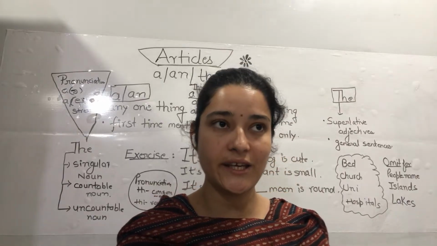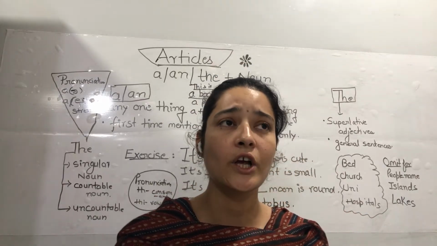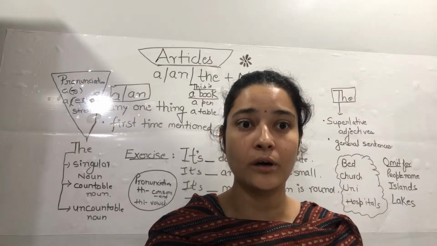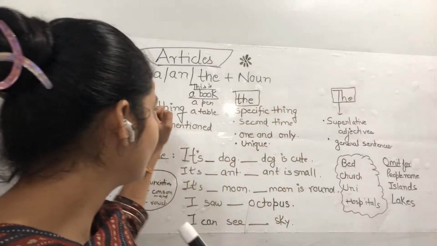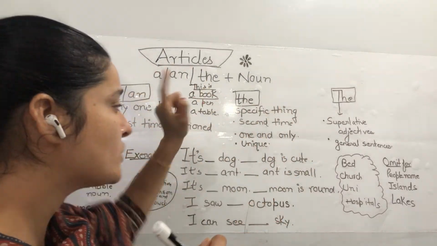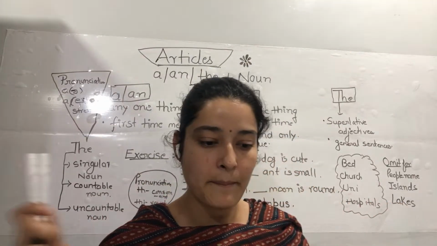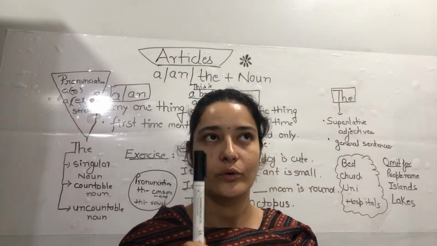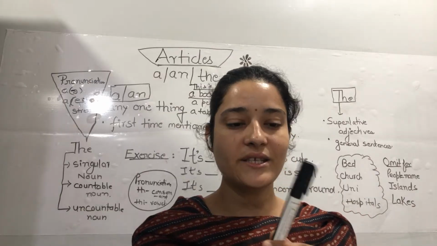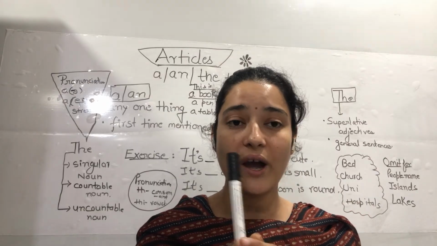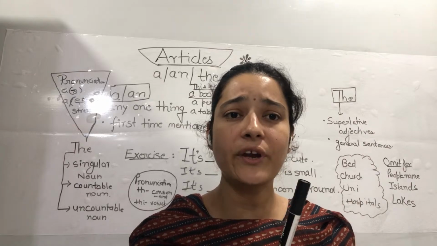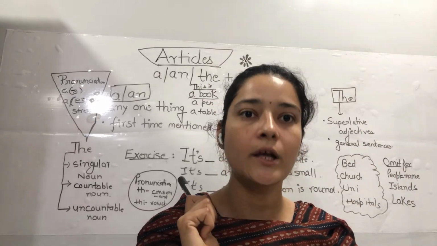So this implies that when we are using any noun, while communicating or writing, the article used will be a when there is a mention for the first time. For example, I'm talking about this marker. If I say this is a marker, then why is a used? Because I haven't mentioned this article before.